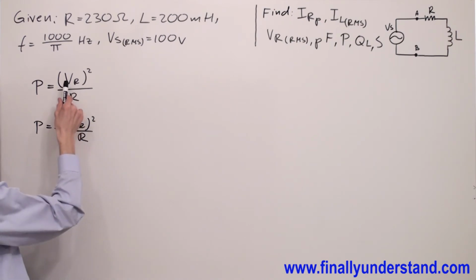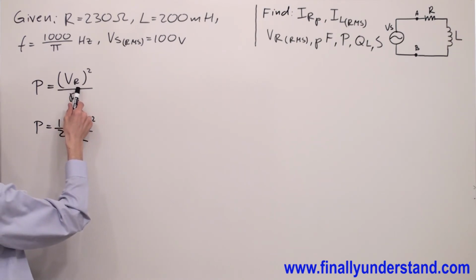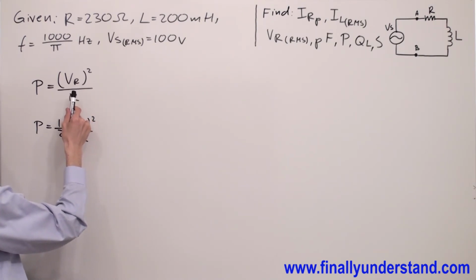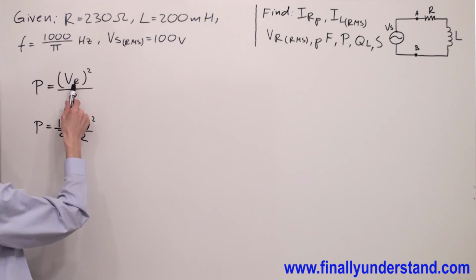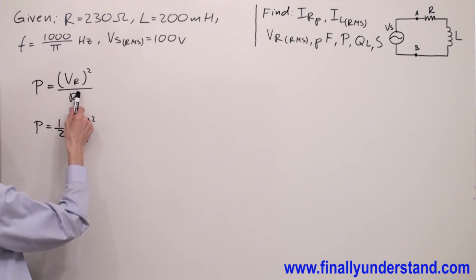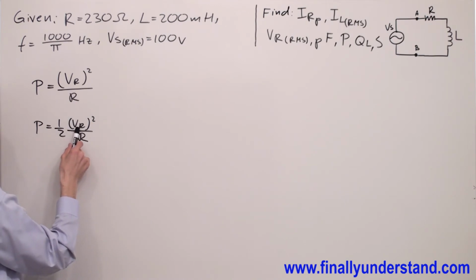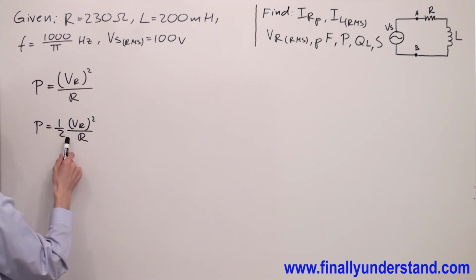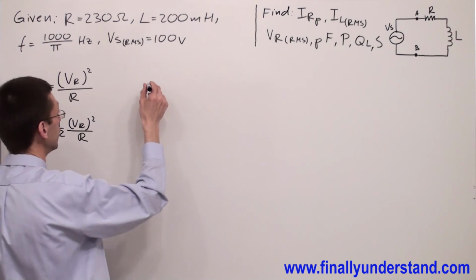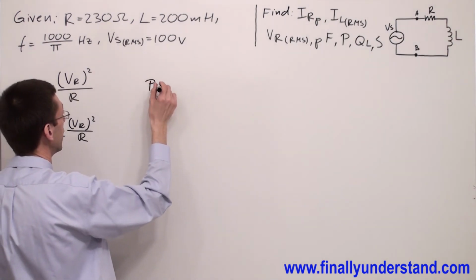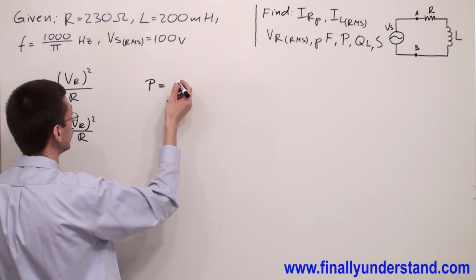So if I have voltage R expressed in terms of RMS value, I'm going to use this formula. If I have voltage peak, I'm going to use this formula. The same happens when we have the formula for power with current.